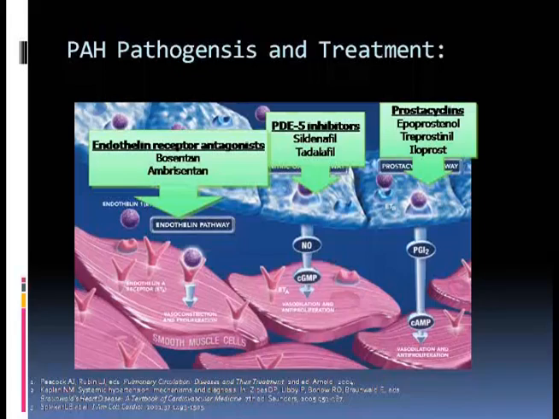So we have the prostacyclin pathway. Normally it's a vasodilator, anti-proliferative agent that we supplement. It's downregulated in pulmonary hypertension, and we supplement with these prostacyclins.